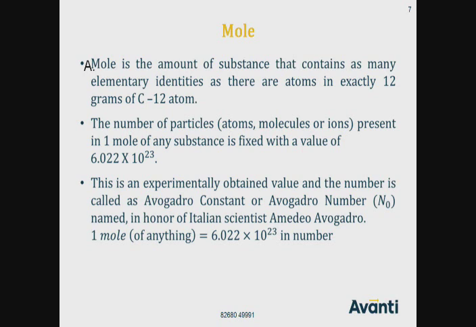So the dozen, score, ton, these are used just to simplify our calculations, so that a large number of substances can be grouped into a smaller count. If I say 1000 dozen, it is understood that I have 12,000 articles. That's what the dozen signifies.